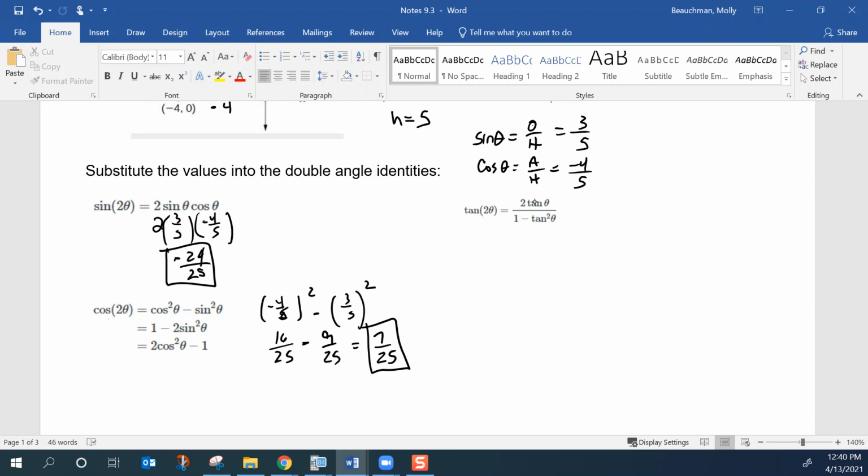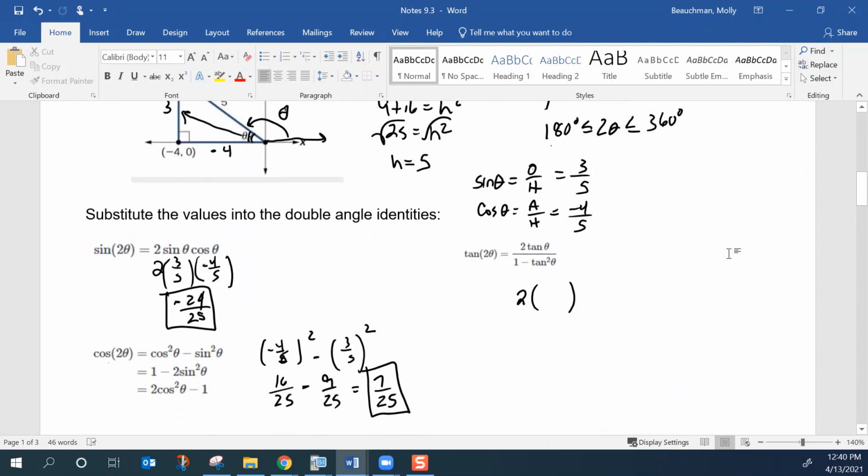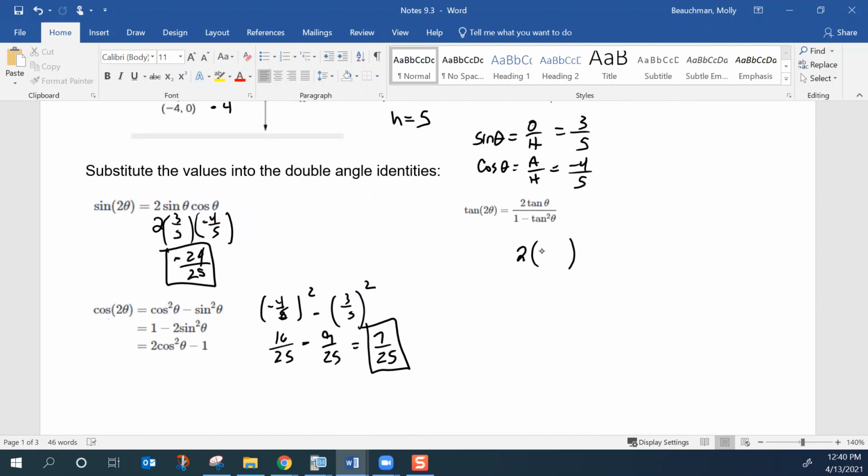For tangent, you can substitute your value into the tangent, and so we would get 2 times the tangent, which was given in the problem as negative 3/4, over 1 minus negative 3/4 squared. We get 2 times negative 3/4 is negative 6/4, divided by 1 minus 3/4 squared, which is 9/16.